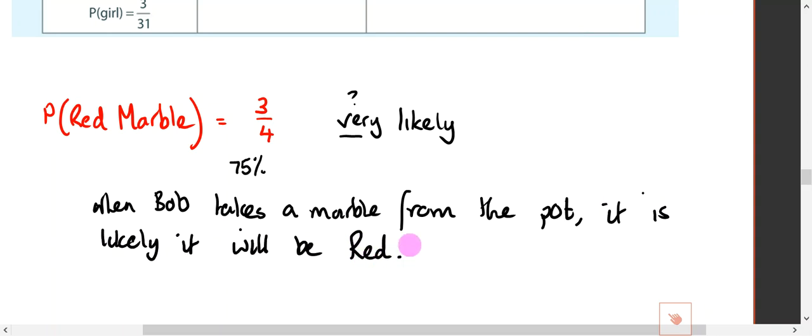I don't need to give any other details. So when Bob takes a marble from the pot, it is likely it will be red. That's how I could answer that one. Make sense? Yes.